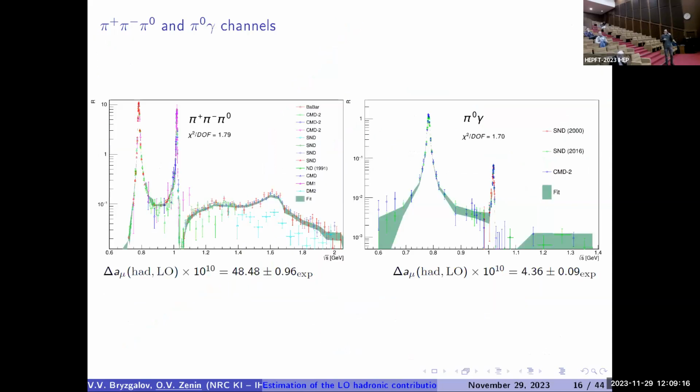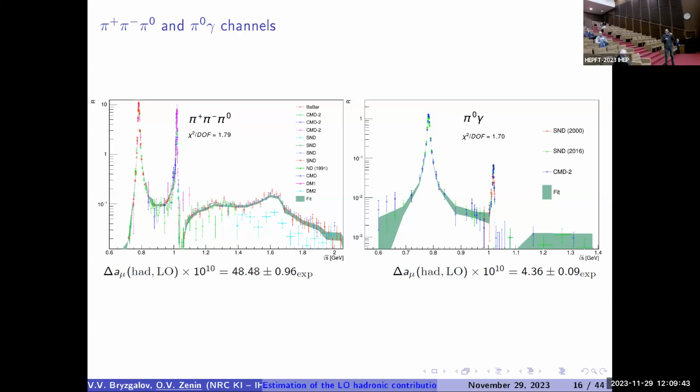The situation in other channels is shown on the next slides. This is the pi plus, pi minus, pi0 cross section, dominated by omega and pi meson contributions. The global chi-squared is not too good here, but we scale the fit uncertainty.